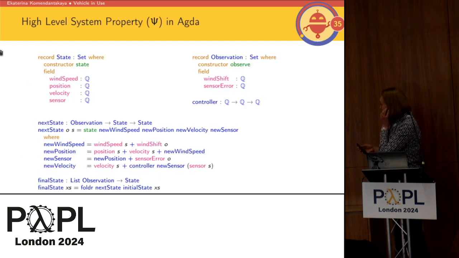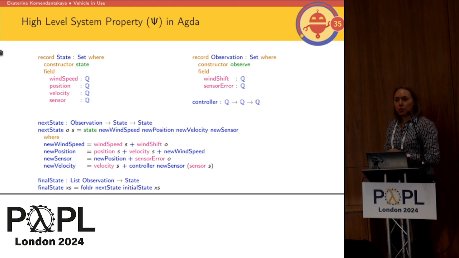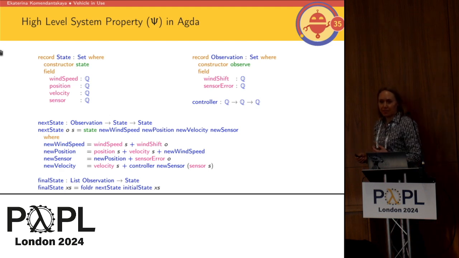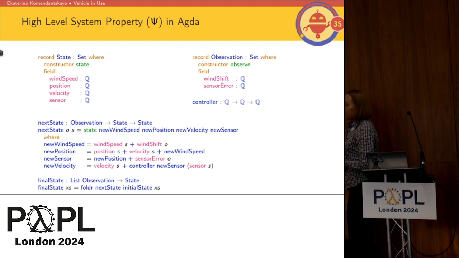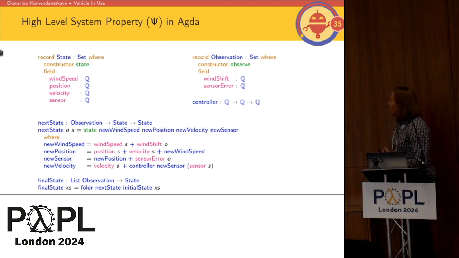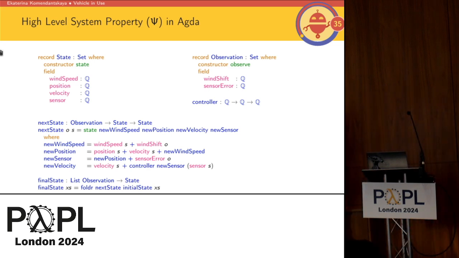All right. So in any favorite language of your choice, you can probably program something of this kind. This is in Agda, but it doesn't have to be Agda. Well, let's have a look. What's important for us in this example is to see that we really want to have some kind of higher-order language to talk about the system overall. So you want to define a state that is defined by wind speed, position, velocity, and sensor value.